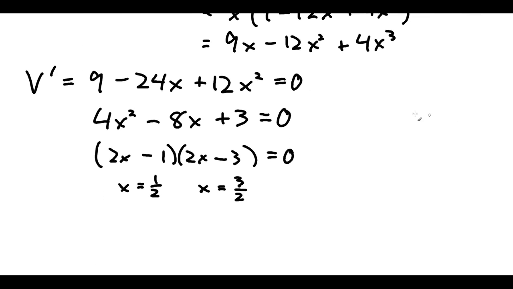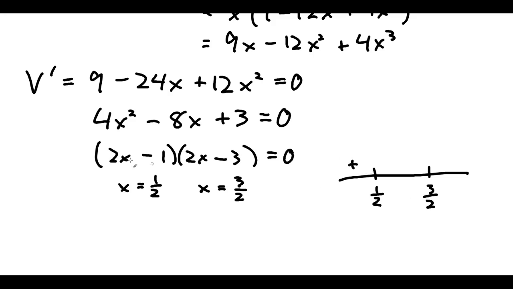Let's make sure. I was using kind of the physics of the problem for this, but we could instead always use a first derivative test. Since we already have the first derivative computed and the zeros found there, we could say, okay, we have 1/2 and we have 3/2. Looking at this, if we take something smaller than that, like 0, you can see we have a negative times a negative is positive.